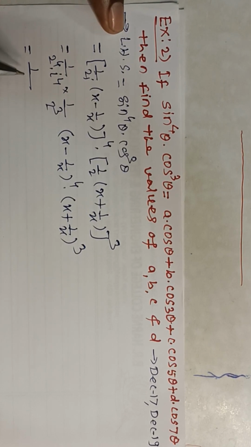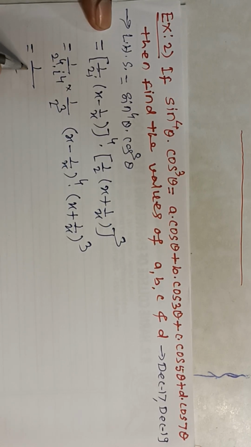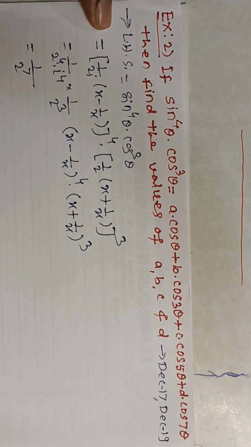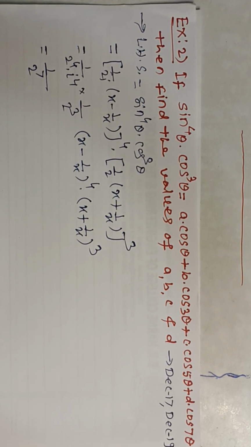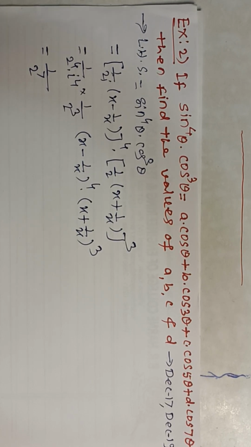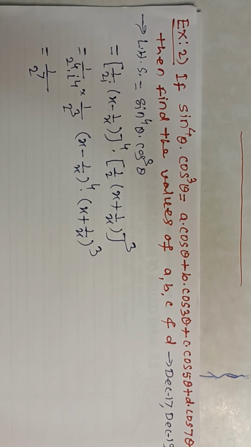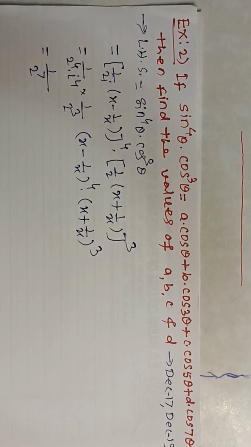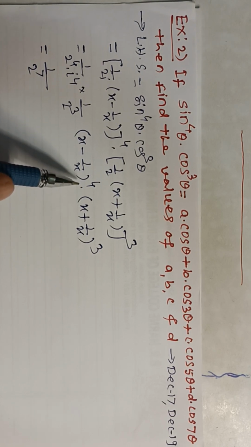Then you can simply write 2 to the power 7, and i to the power 4 is equal to 1. Then here (x minus 1 upon x) to the power 4 can be written as (x minus 1 upon x) into (x minus 1 upon x) cube.